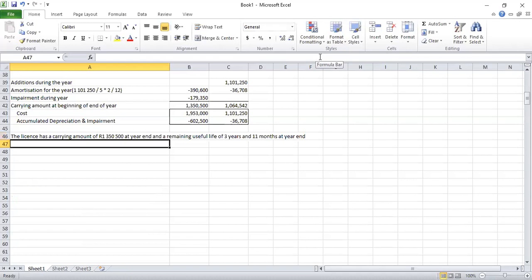Then the software has a carrying amount of 1,064,542.